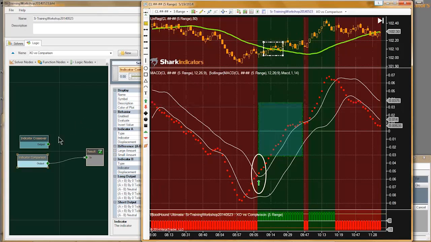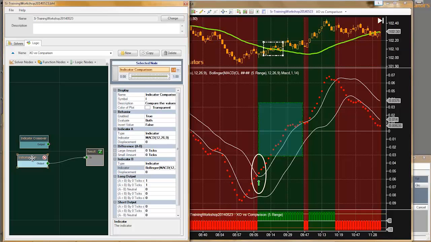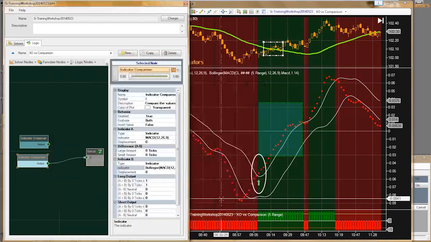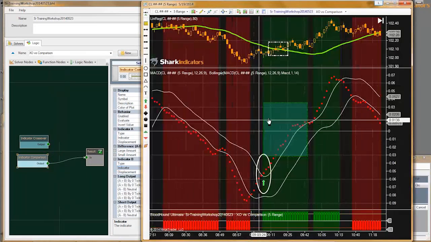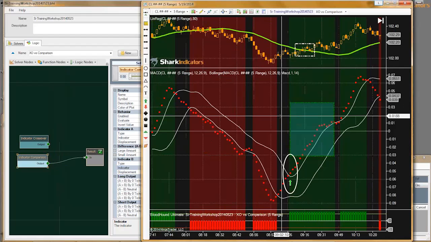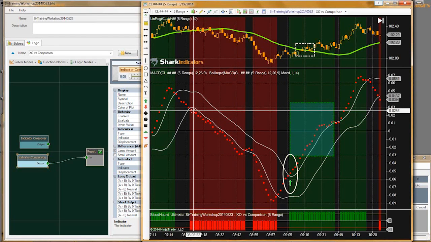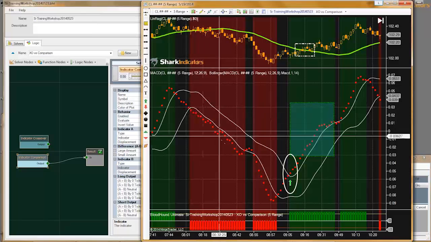So let's see, we can make this a little more advanced. I can go into indicator B and use the lower band for short signals, and you'll see what I just did is that now the comparison solver is saying we're clear to take a short trade whenever the MACD is below the lower band.